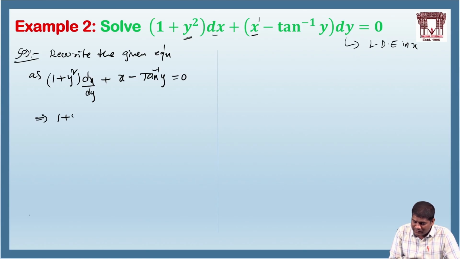Then that implies (1 + y²) dx/dy + x = tan⁻¹y.